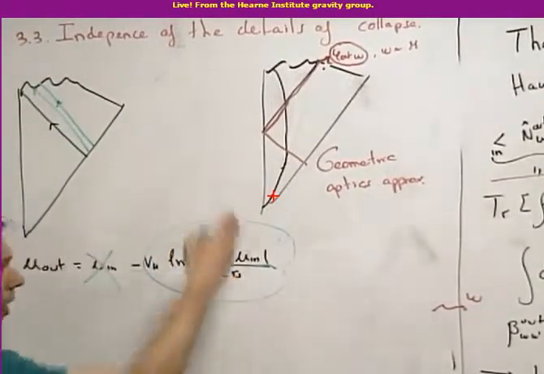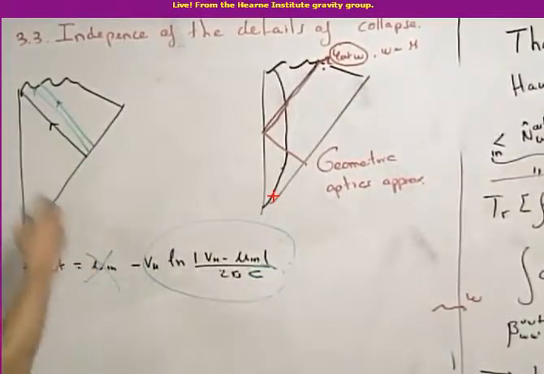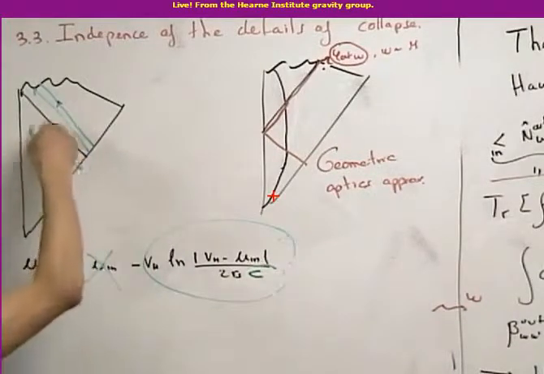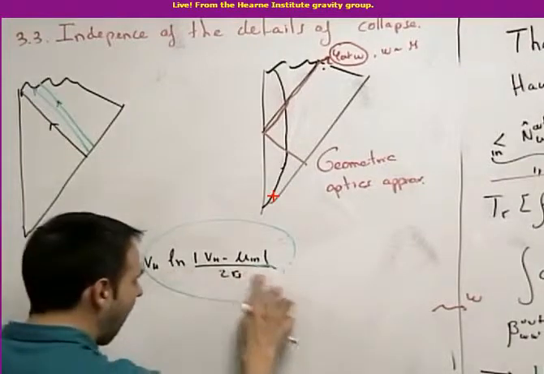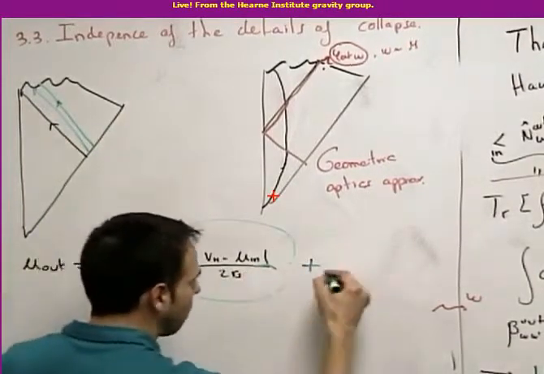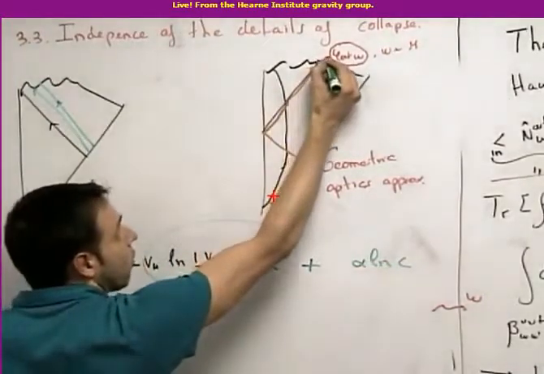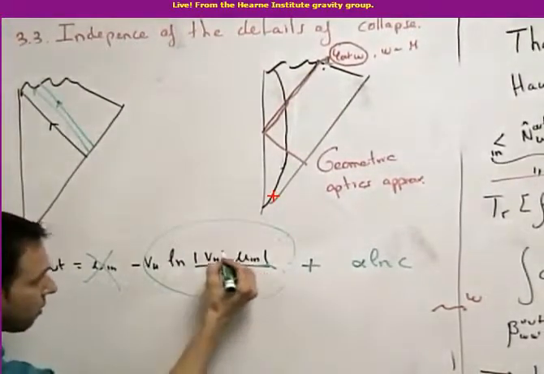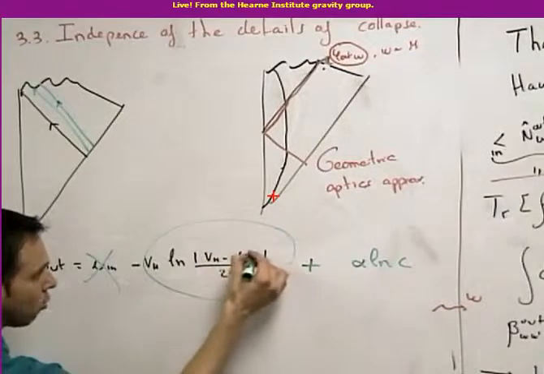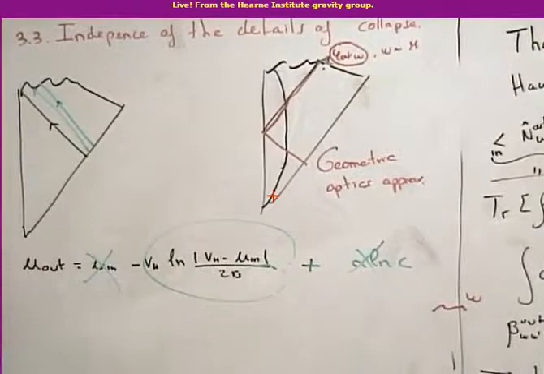The details of the collapse of the star are going to give me here some coefficient, and you can see that just doing models with increasing level of complication, like having 2 rays, 3 rays, 5 rays, all that changes is that c, and that c, because it's a log, you can add or subtract something proportional to the log of c. And at late times, which is when Hawking radiation happens, late times means that U in is very close to VH, so this is close to 0, the logarithm dominates, and all these other factors are negligible.